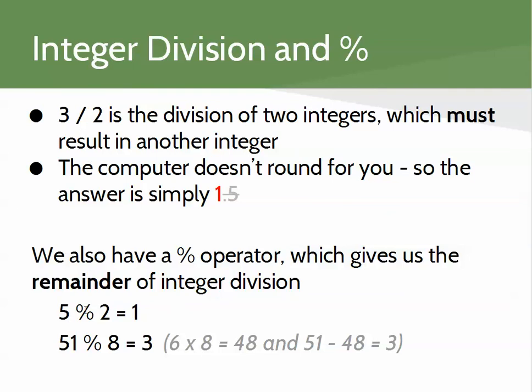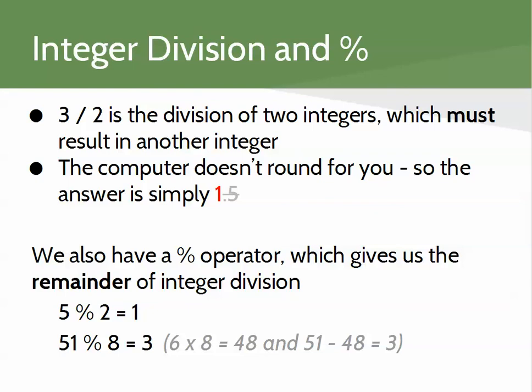So 5 modulus 2, or commonly called 5 mod 2, will result in 1, because 5 divided by 2 is 2 with a remainder of 1. 51 mod 8 is equal to 3, because 6 times 8 equals 48. Right? So 51 divided by 8 is going to be 6 with a remainder of 3. Right? So the modulus operator will give us that remainder, and that'll end up being pretty useful in several situations.